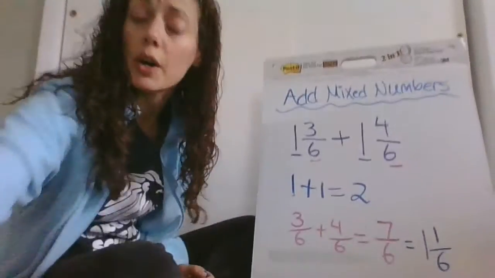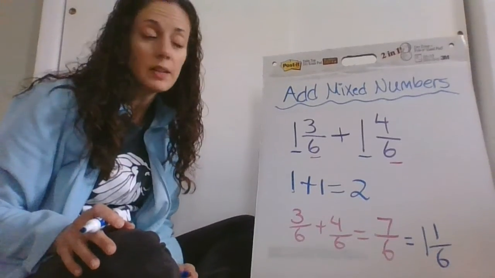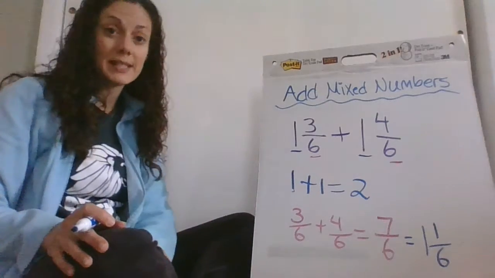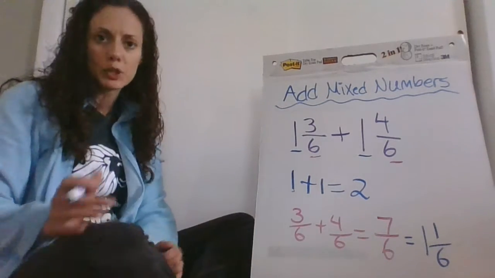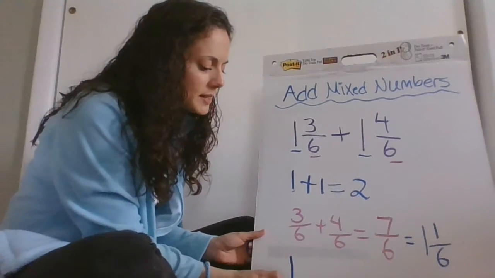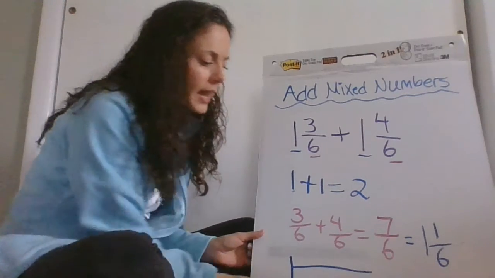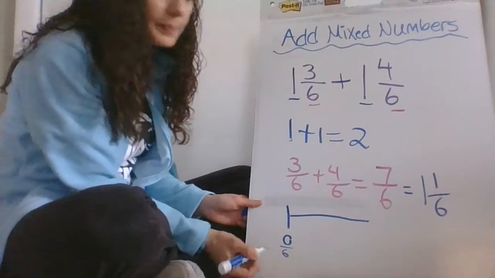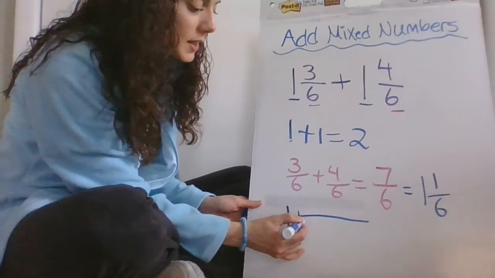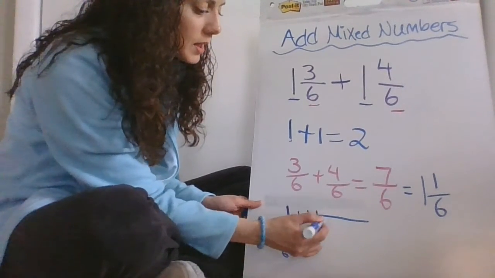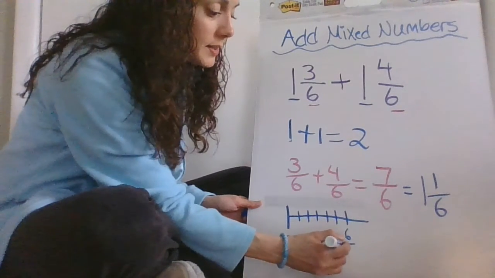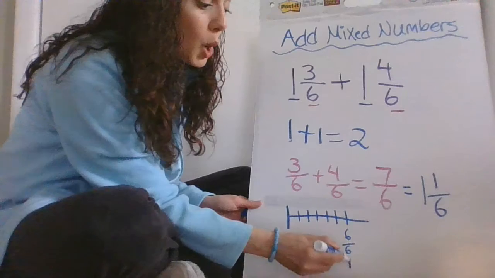Now let's say you have no idea how to do that. Could you draw a number line the same way that I just did and cut it into 6 equal parts and keep going until you got to 7/6? Absolutely. You'd have to start at 0 and draw a line. This would be 0/6. We'd have 1/6, 2/6, 3/6, 4/6, 5/6, 6/6. 6/6 is the same thing as one whole.